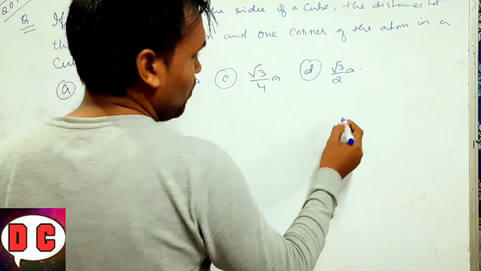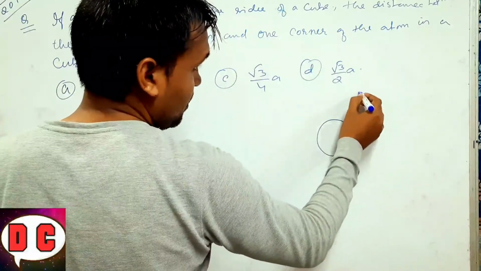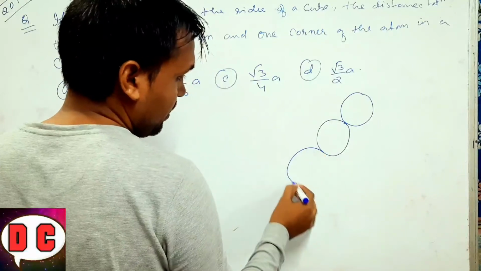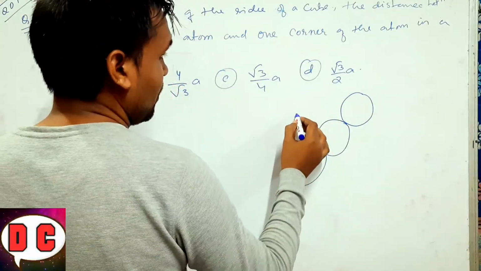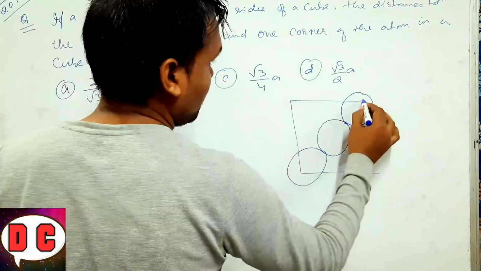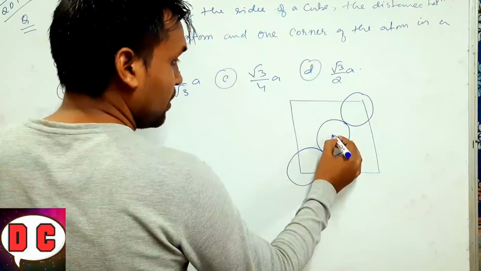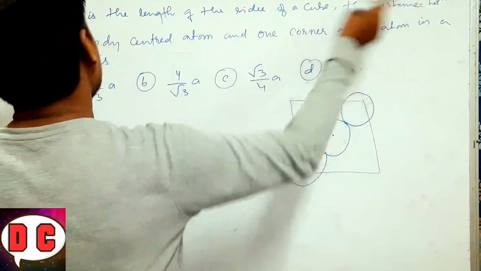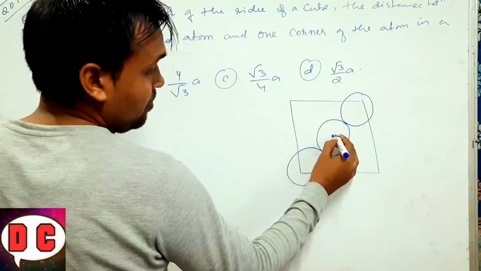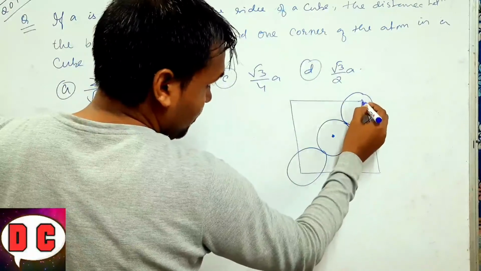In the BCC structure, we know that at the center there is one sphere, and the other spheres are at the corners. This is the cube. They are telling us the distance between the body centered atom and one corner atom. This is the body centered atom, and this is the one corner atom.